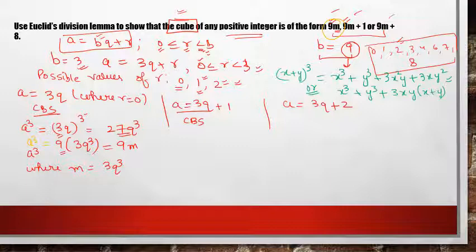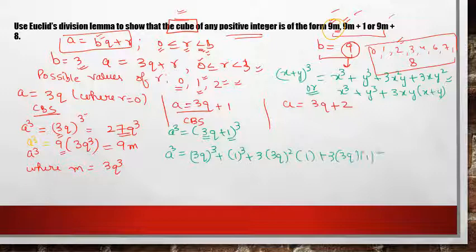Now, if you do cubing of 3q plus 1, then you will get a is 3q, b is 1, right? So a cube plus b cube plus 3a square b plus 3ab square, right?